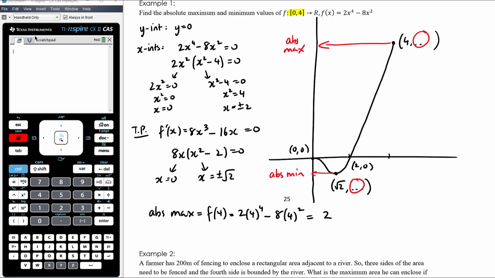So what have we got there? 2 times 4 to the power of 4. 4 cubed is 64, and to the power of 4 again is 256. Minus 8 times 4 squared, minus 8 times 16. So that is 512 minus 8 16s, 8 10s are 80, 8 6s are 48. So that is minus 128.